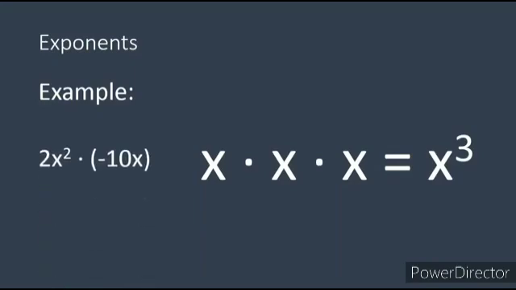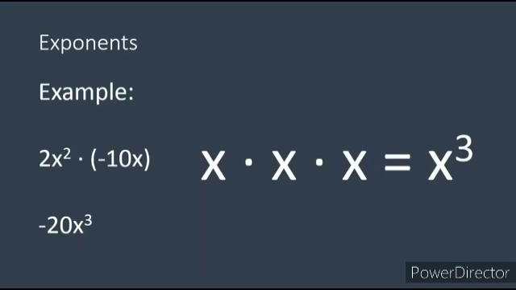So by solving example, 2x square and minus 10x. 2 tens are 20, plus into minus, minus, x square and x. How many times it is repeated? Totally 3 times. So minus 20x to the power of 3, or you can read as minus 20x cube.